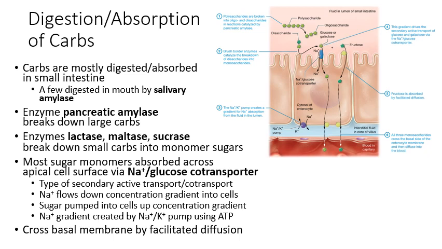But the food just isn't in the mouth for very long usually, which means that salivary amylase doesn't have much of a chance to get very far in that digestion process. So only maybe 10-15% of the carbohydrates are going to be digested by salivary amylase in the mouth. The rest of them would be digested in the small intestine.